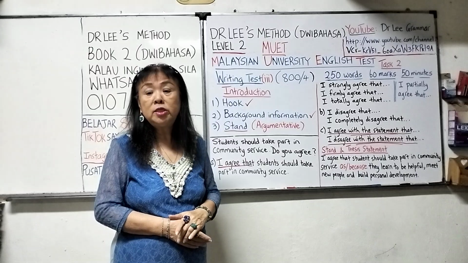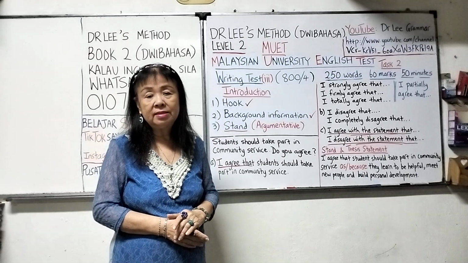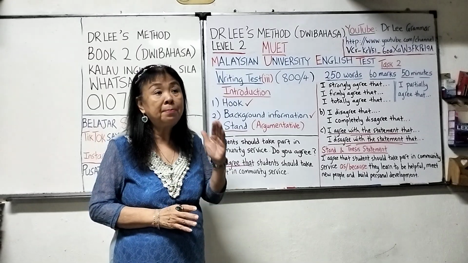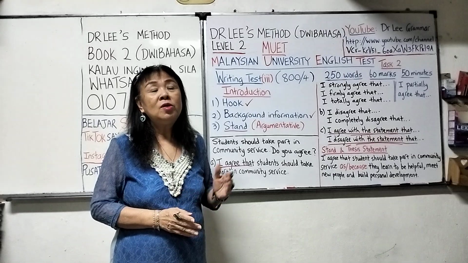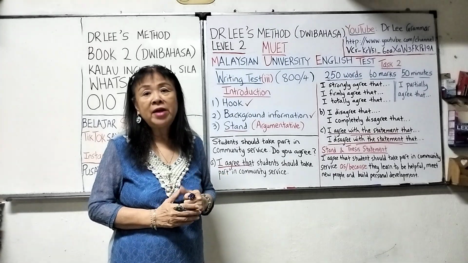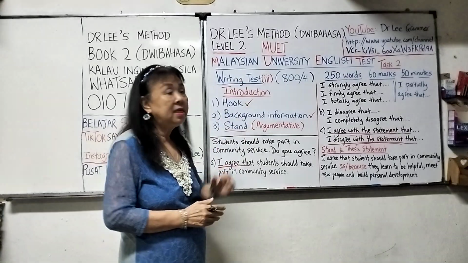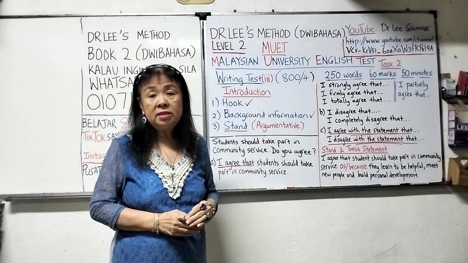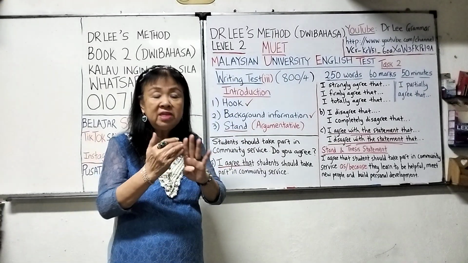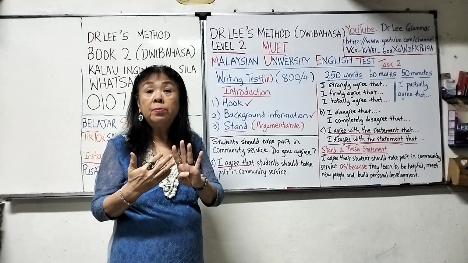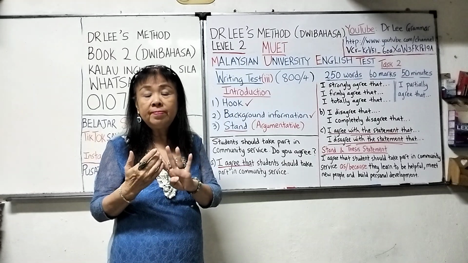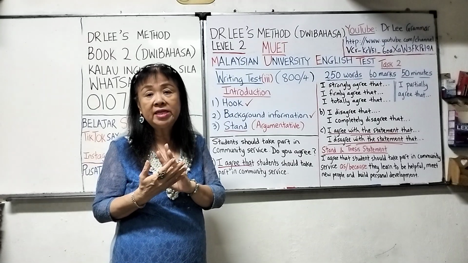MUET, Malaysian University English Test. If you are planning to go to universities in Malaysia, our country, you need to sit for this English paper, which is divided into four components: speaking, listening, reading, writing.